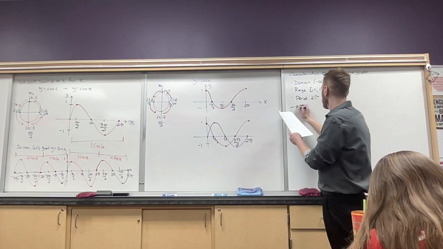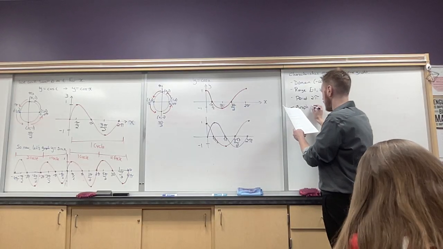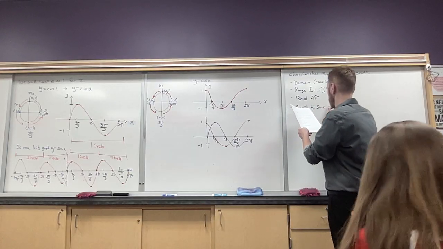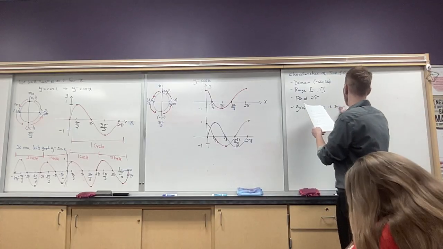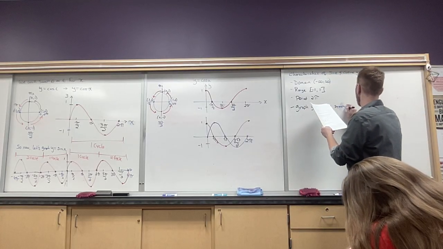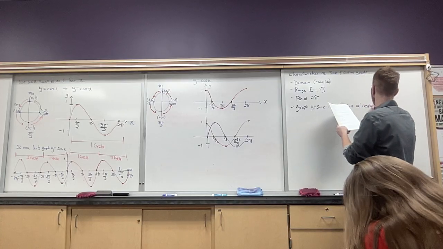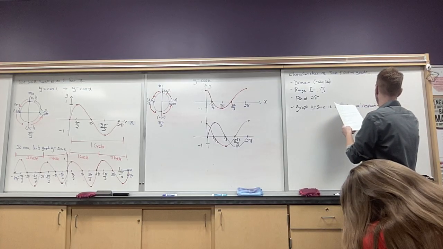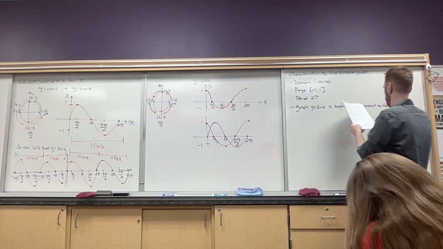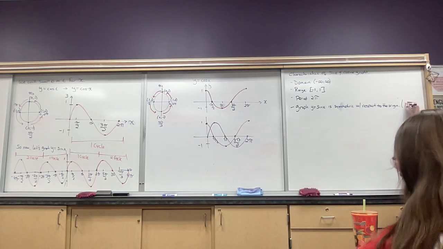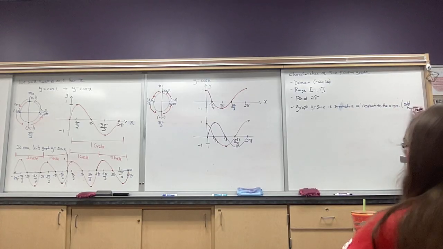Okay, a couple other little things. So the graph of y equals sine of x is symmetric with respect to the origin. So that means, we talked about this yesterday too, it's an odd function.